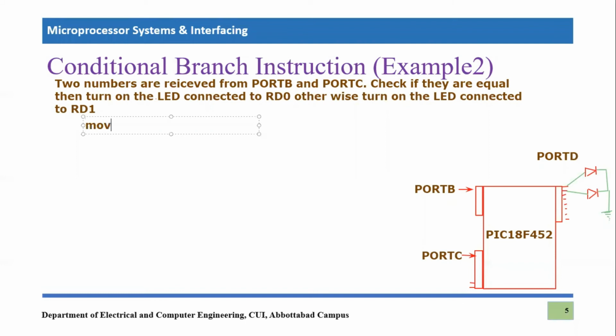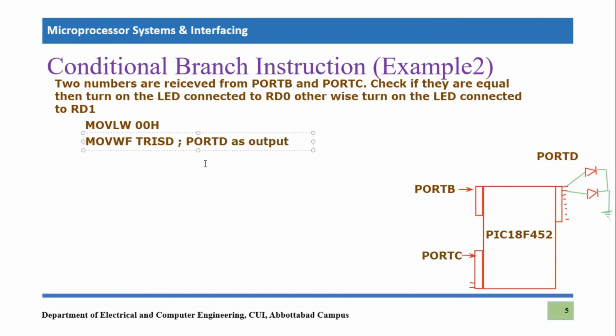Move literal to working, let's say 00 hex, and we transfer this information with move working to file, TRIS D. This is why we are doing it: to use port D as an output port. This is the configuration of the output port. We don't need to configure port B and port C because they are by default in input mode.